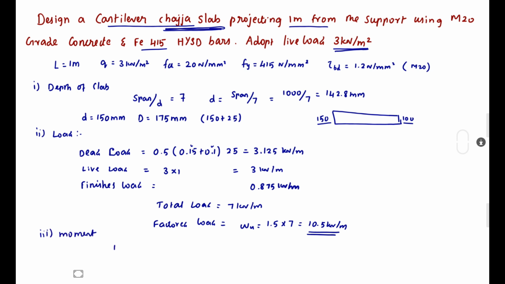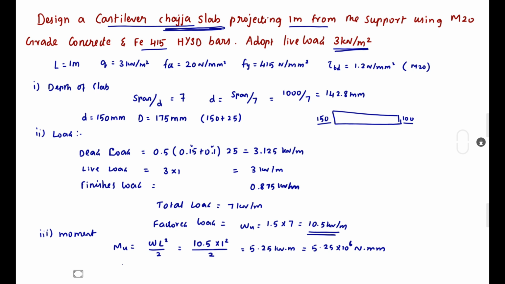For cantilever slab, moment MU equal to WL square divided by 2, that is 10.5 into 1 square divided by 2, that is equal to 5.25 kilonewton meter, that is 5.25 into 10 power 6 Newton mm.